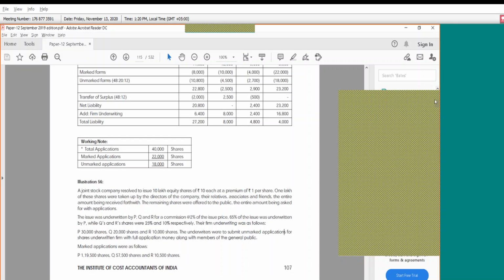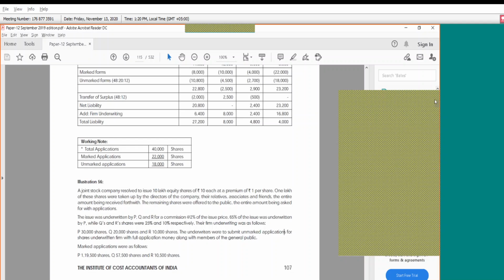So what they are saying is firm underwriting is 30,000, 20,000, 10,000. Firm underwriting means what? Definitely underwriters should purchase the shares. So we will deduct separately that amount. But in this problem, what happens now? This firm underwriter submitted the application along with the general public.